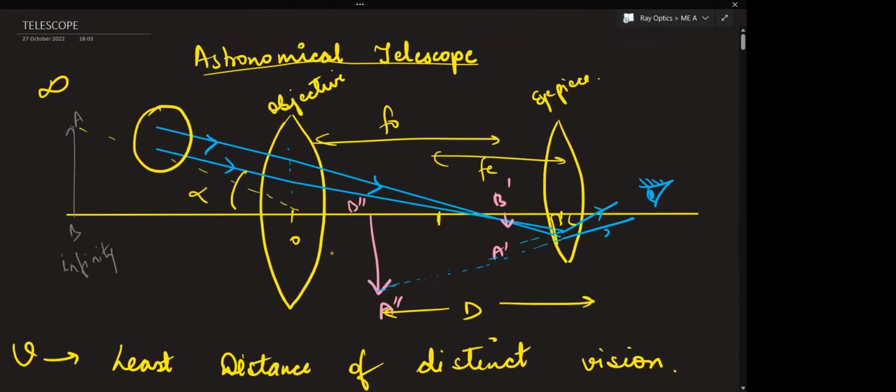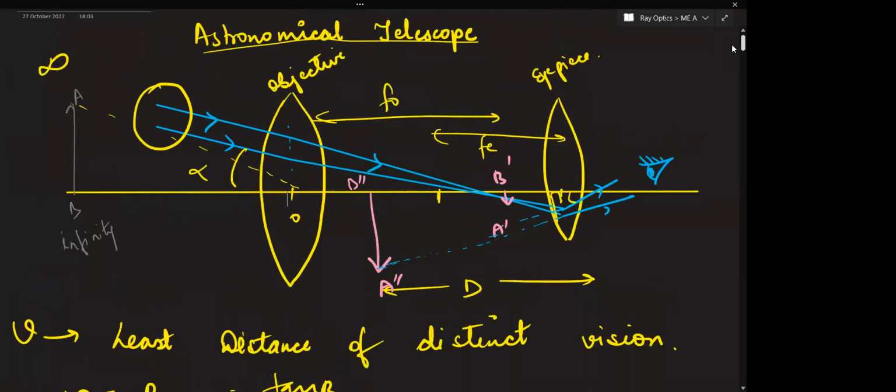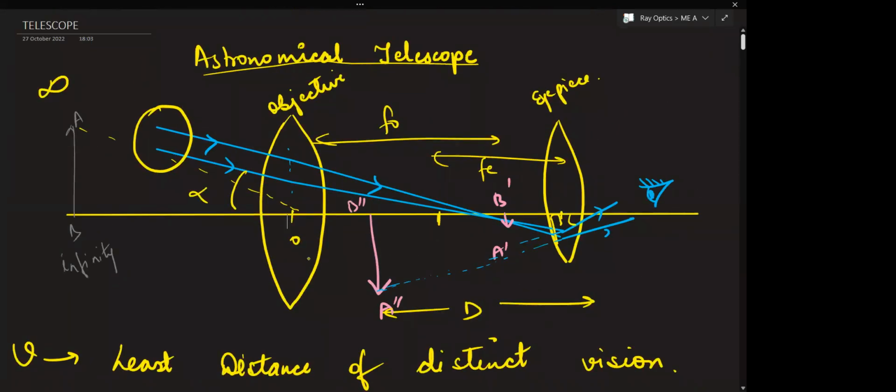Alpha is actually this; this ray has to pass from here. So this will be AB by BO, or you can even say tan alpha will be A dash B dash by OB. If you calculate tan alpha, this is simply your tan alpha.